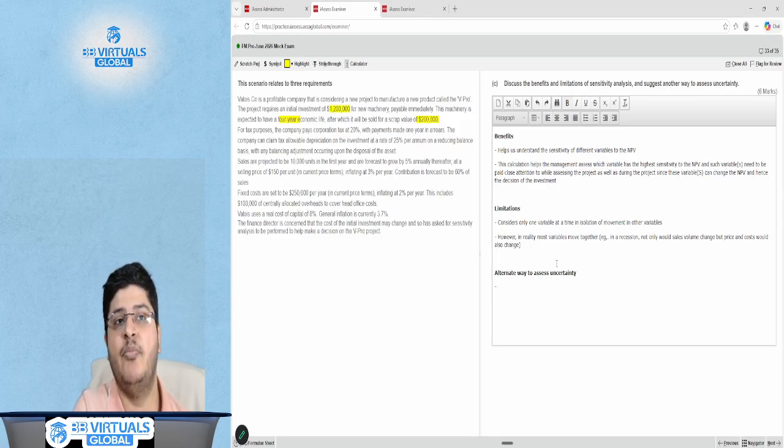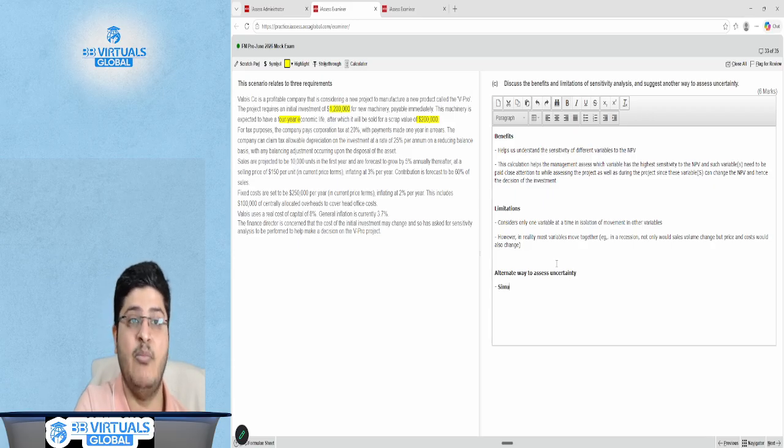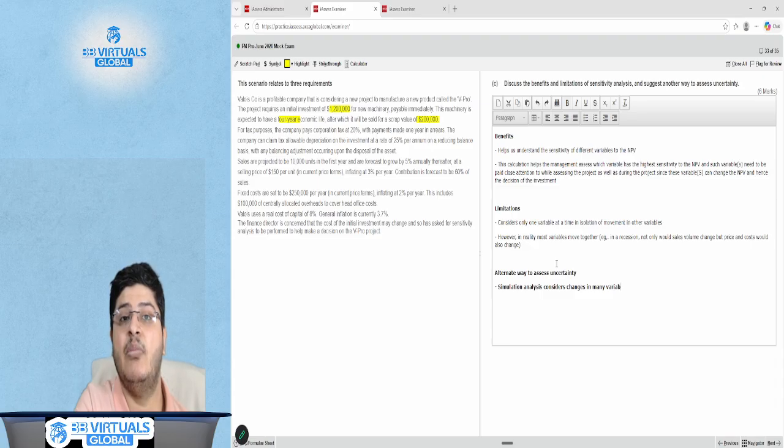Simulation analysis considers changes in many variables at the same time. This helps overcome the limitation of sensitivity analysis.